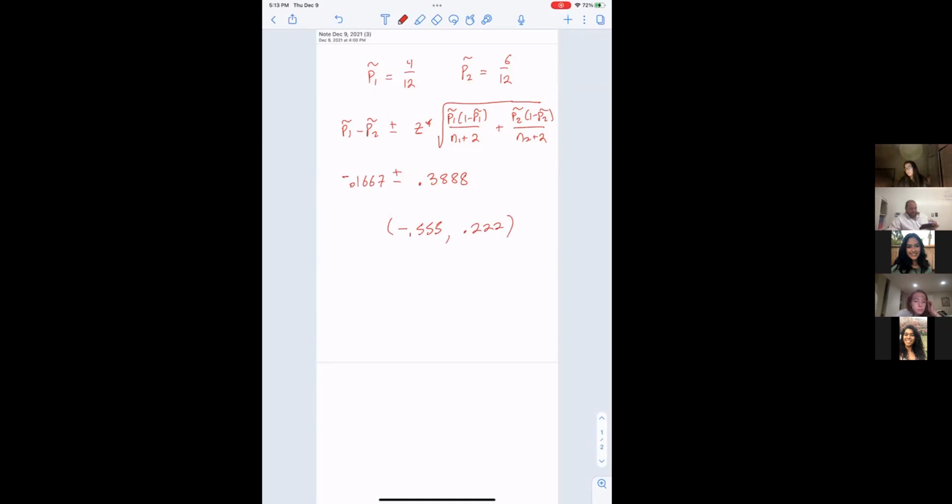So I get negative 0.555 to positive 0.222, and the book or the program has this as a possible answer, so we'll take that.